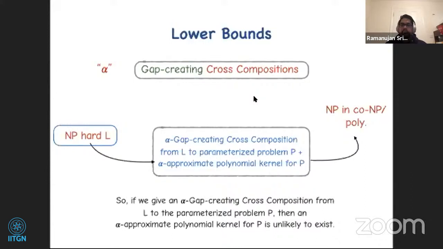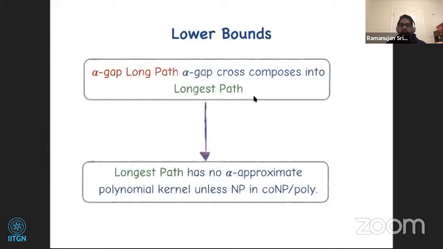And a very simple application of this is for the longest path problem, which hopefully you've already seen. Longest path is one of the earliest examples that you would see when talking about kernel lower bounds.